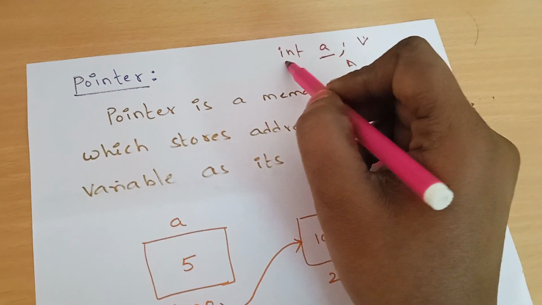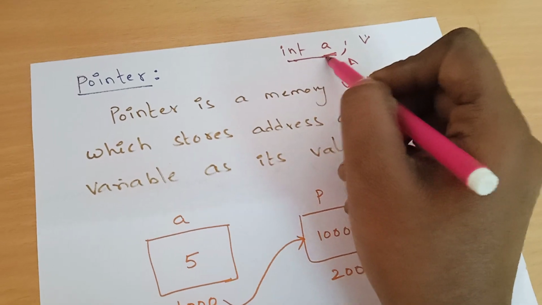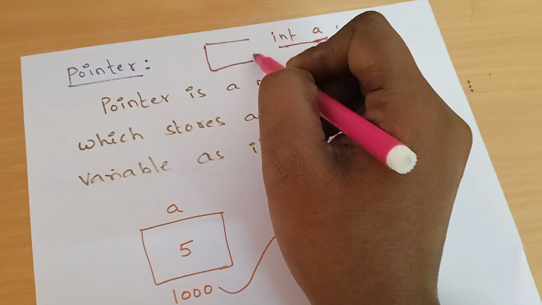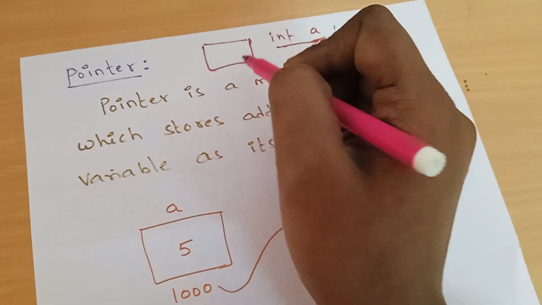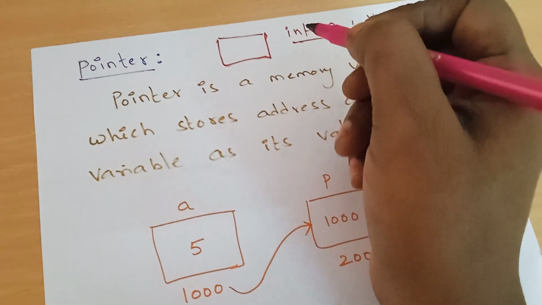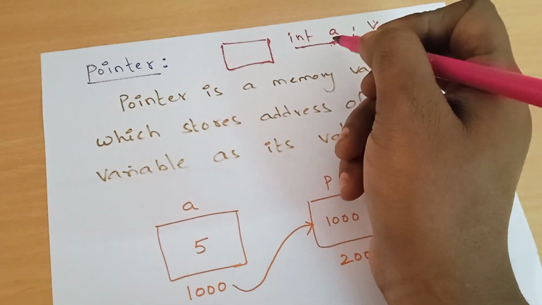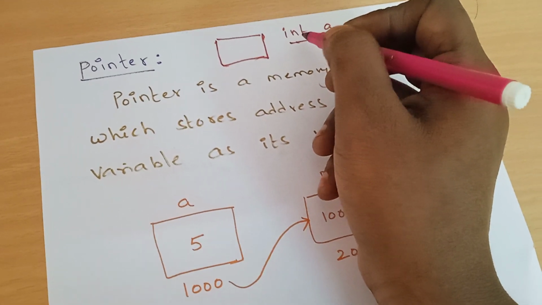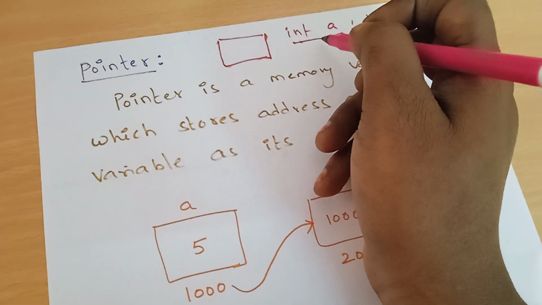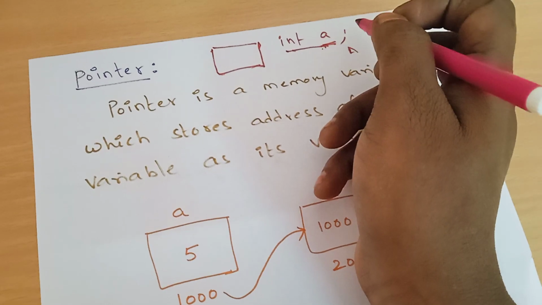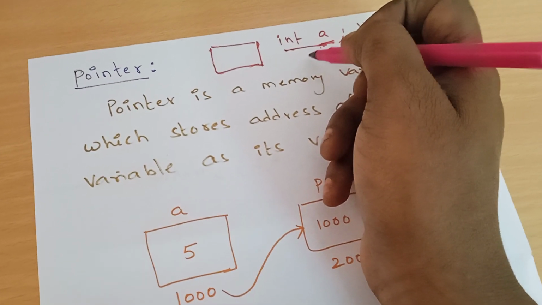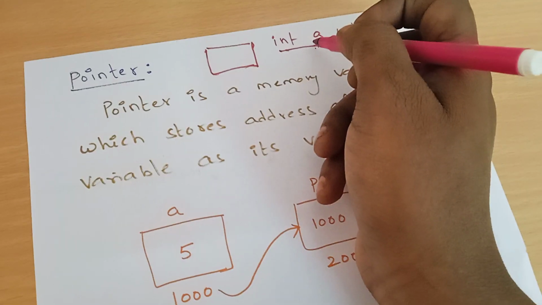The moment we give this instruction to the program, what happens in the memory? A number of bytes will be allocated to this variable as per the data type. As far as it is an integer, a will take 2 bytes of memory on a traditional computer, but I am using a typical one, so my laptop will give 4 bytes.